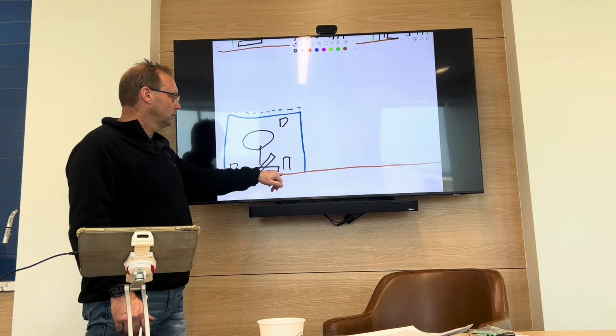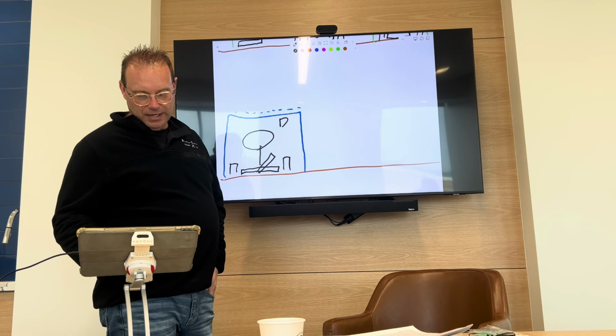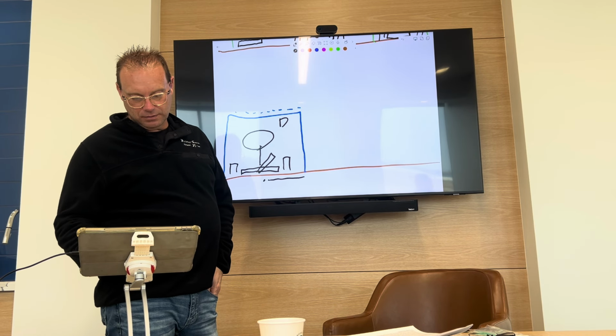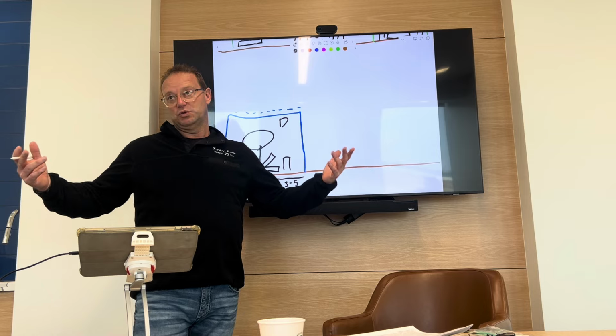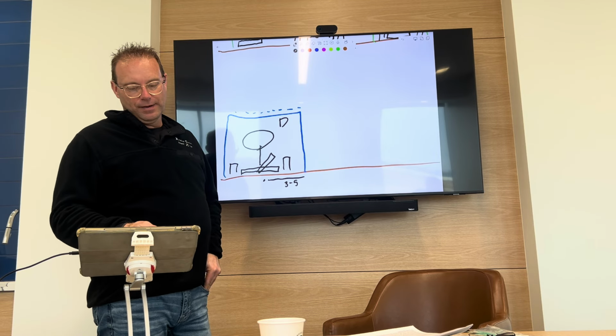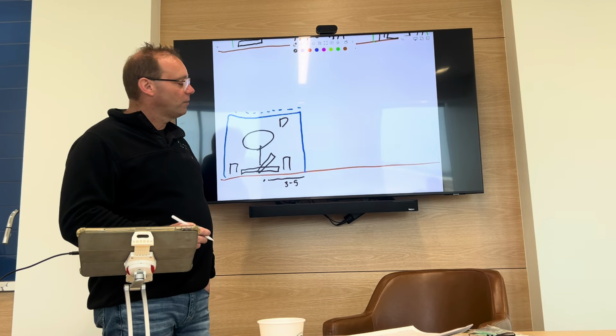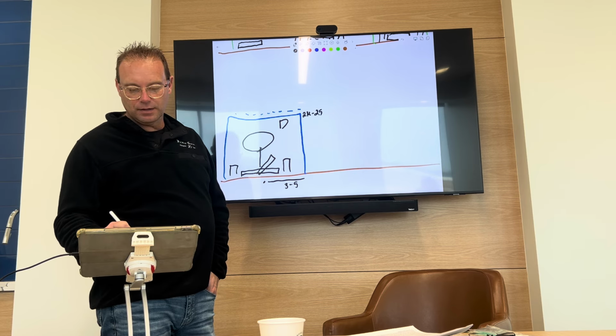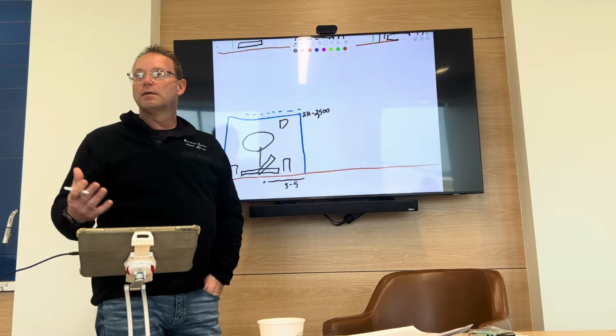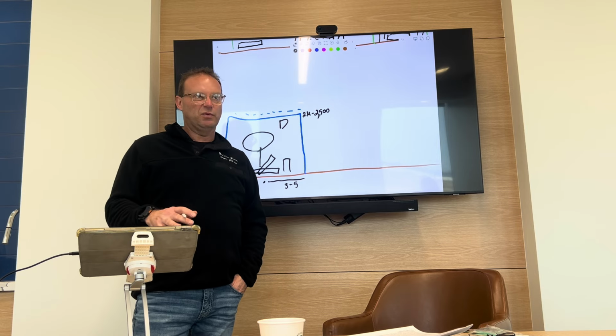Very small. These things can be only 3 to 5 miles in diameter or radius. Small. Only going to go up somewhere around 2,500 feet, 2,000 to 2,500, depending on what they need. FAA kind of gives it what it needs.